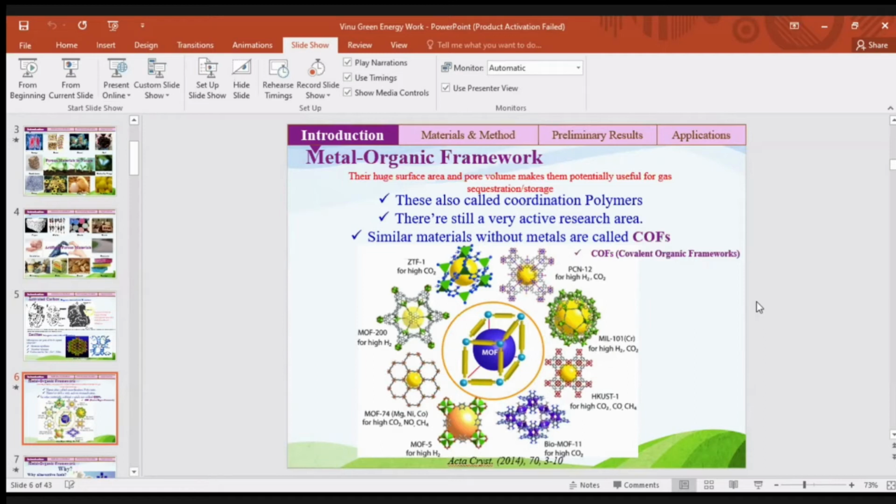This is purely organic based. The metal organic framework is inorganic based. Some examples are ZIF, MOF, MIL, and HKUST. These are like institute names. The first MOF started in MIL, from Professor Omar Yaghi.